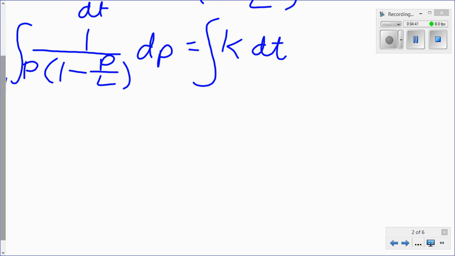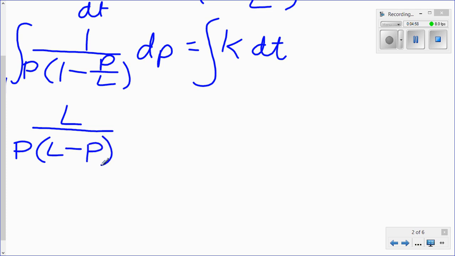In order to use partial fractions, I am going to rewrite the left side as L divided by P times L minus P. Now, where did that come from? That comes from just multiplying top and bottom by L and then distributing L in the denominator. Okay, but now I could use partial fractions.